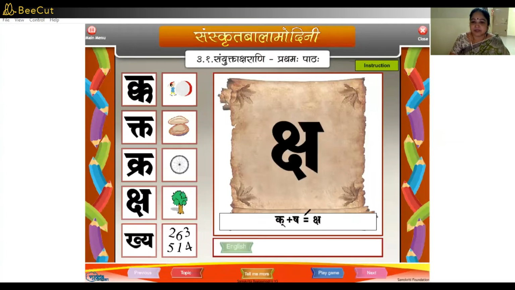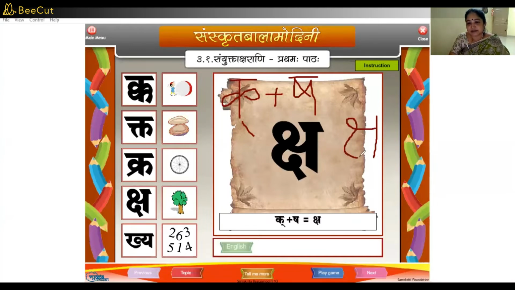Ksha. Ik plus sha. Ik plus sha. Ksha. Instead of writing it ik and then sha, this is samyuktakshara. See how I'm writing a straight line and then sha.